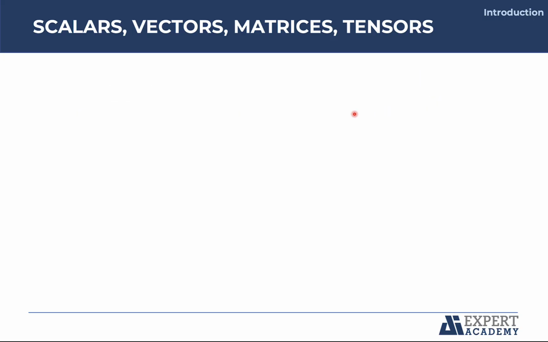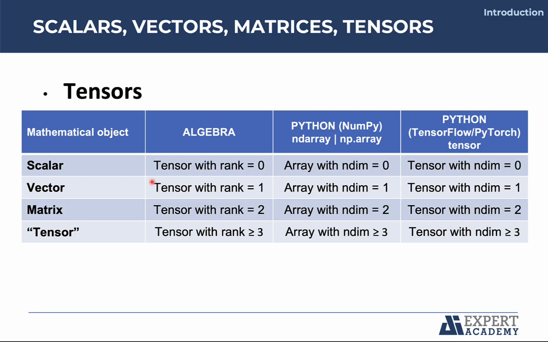Let's move on to the last concept, which is tensors. They have several definitions depending on the area, such as mathematics, physics, or computation. In algebra, we can talk about tensors as generic mathematical objects to represent matrices, vectors, and scalars.